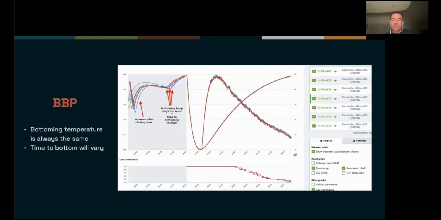Something to remember is that, again, this is a hack. The bean probe reading is not the same as the drum temperature. And a lot of people get confused because they see that their bean temperature reading doesn't drop much during the BBP, and maybe somebody else's drops a lot more.